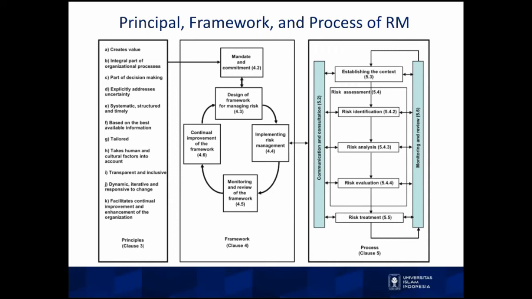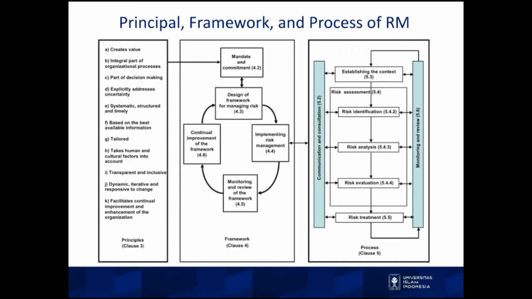On your left-hand side are the principles of risk management. There are 11 principles, from A, create value; B, integral part of organizational processes, and so on until the last one, K, facilitates continual improvement and enhancement of the organization.